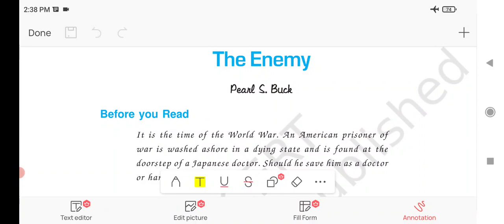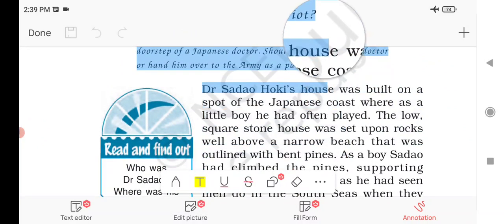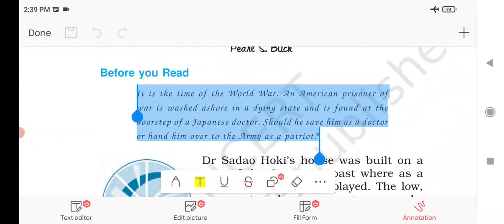So the chapter, The Enemy, is set in the days of the Second World War, right? An American prisoner of war is washed ashore in a miserable state and is found at the doorsteps of a Japanese doctor, Dr. Sadao.